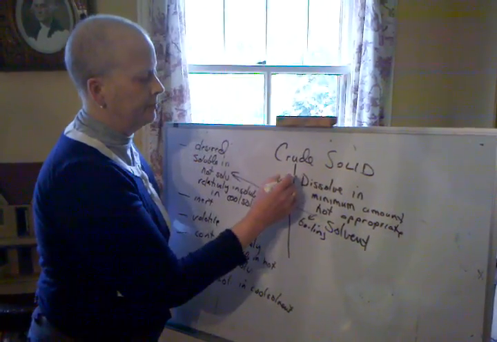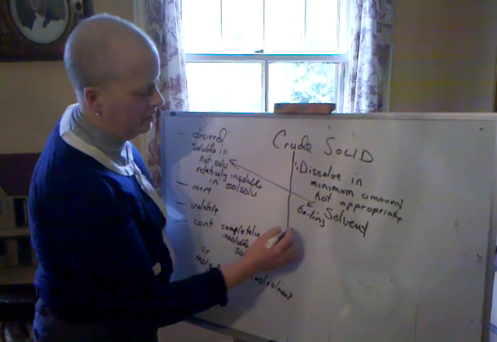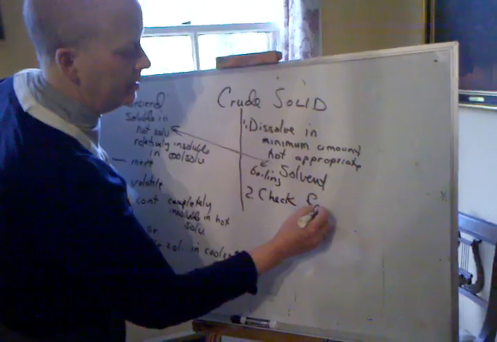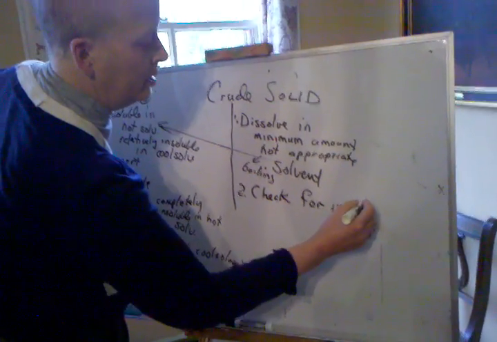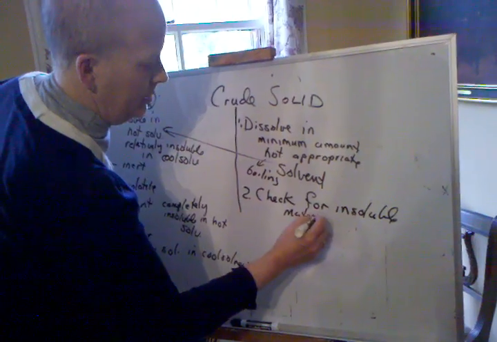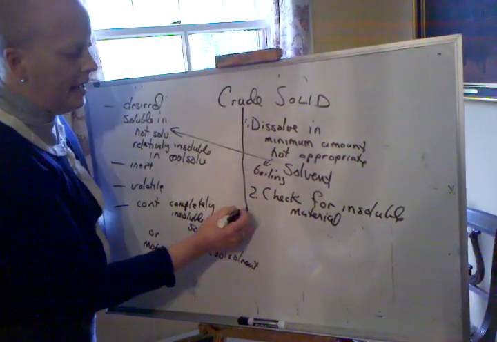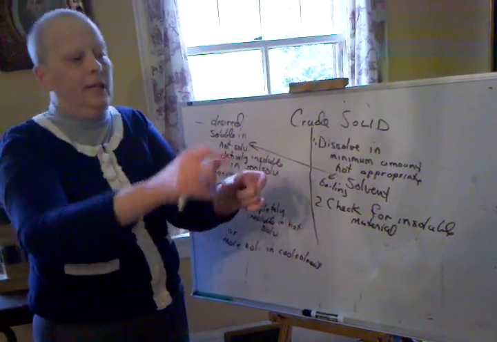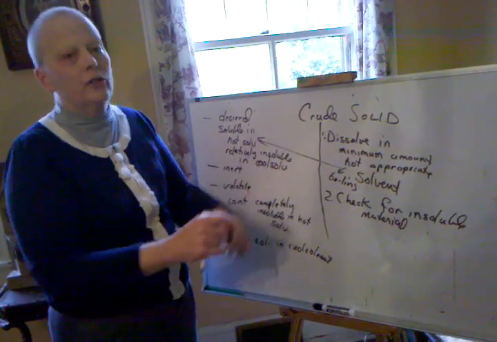Okay? So then what do you do? Check for insoluble material. Okay? If you have insoluble material, what I mean by this is you're adding solvent in increments. You're looking at your solution.